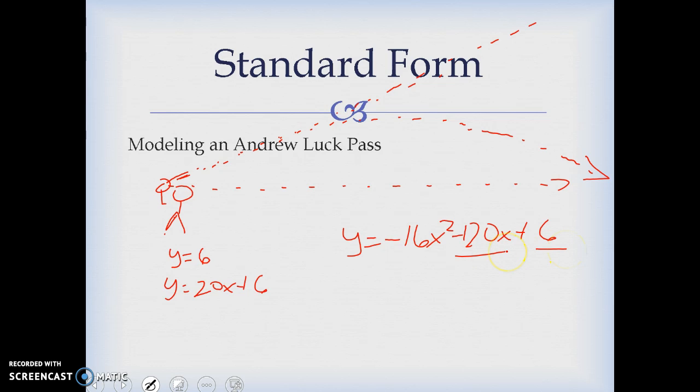The 20x gives you how fast it's going up in the air at the beginning. But then the negative 16x squared is the force of gravity that's pulling the ball back down to the earth. And so when we talk about quadratic equations, this is an example of a quadratic equation. The negative 16x squared would be the force of gravity if we're talking about feet per second.